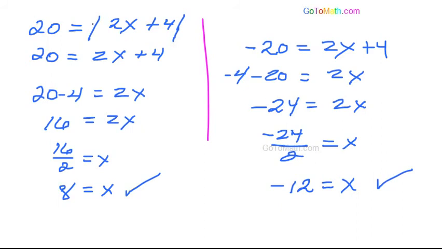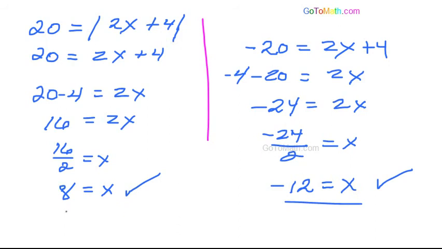So we can take that negative 12 and plug it in up here. Negative 12 times 2 is negative 24, and negative 24 plus 4 is negative 20, but the absolute value of negative 20 is 20. Right? That's what the absolute value does.